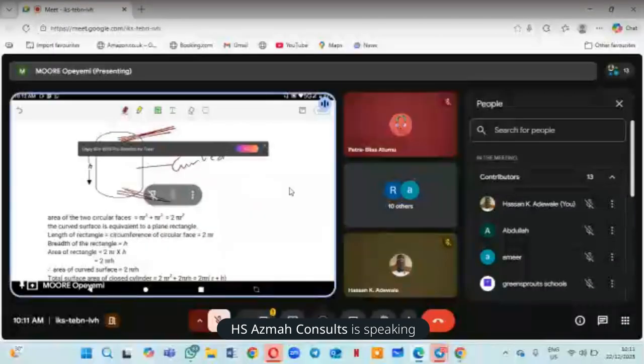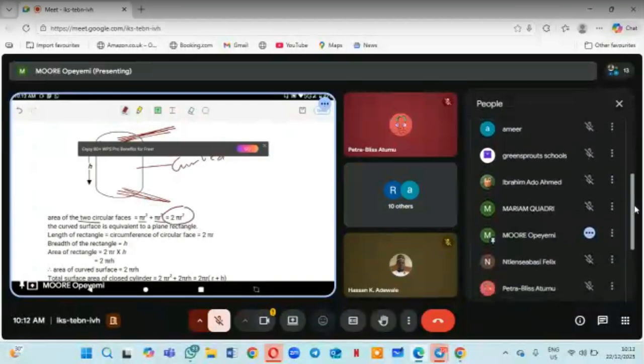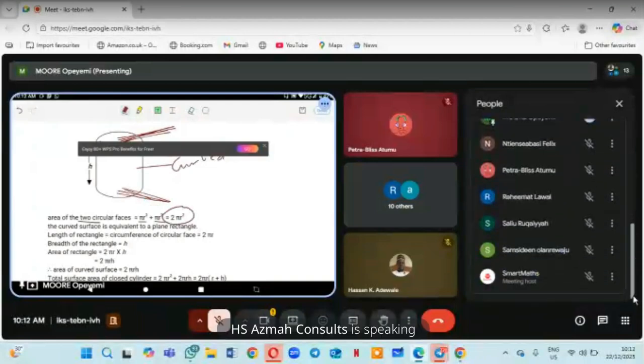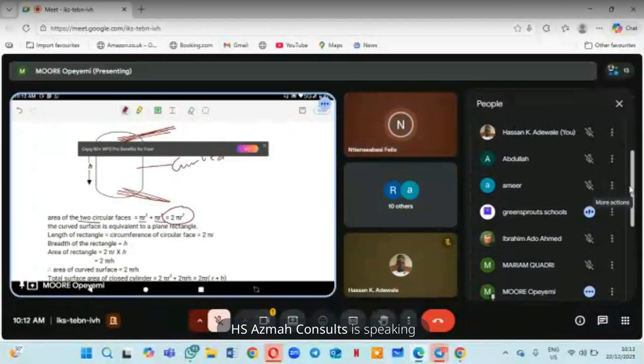Now, the area of the two circular faces. This is the area of the first circle, and this is the area of the second circle. Since the two of them are in one object, we add them together. So the area of the two circular faces is 2 pi r squared.